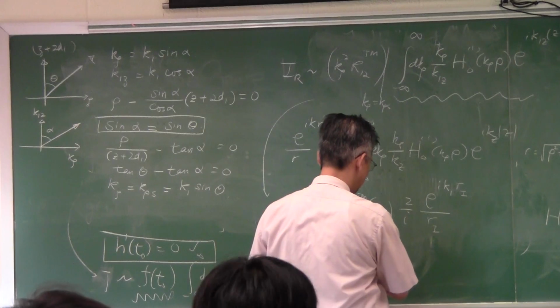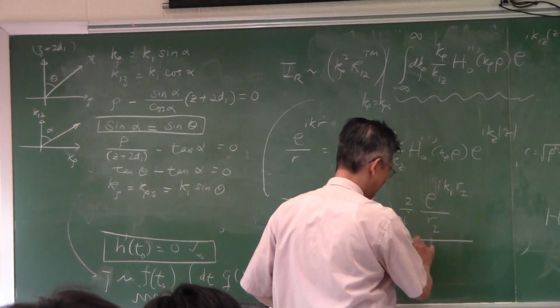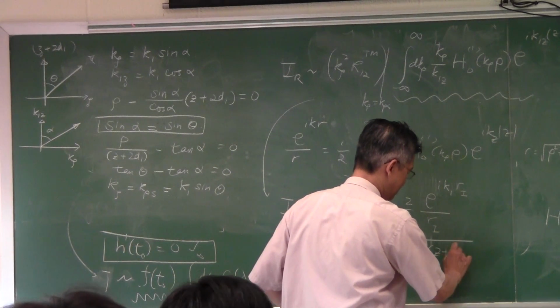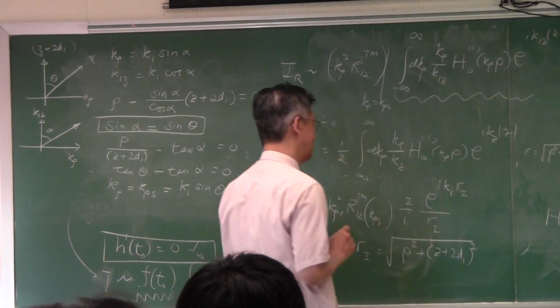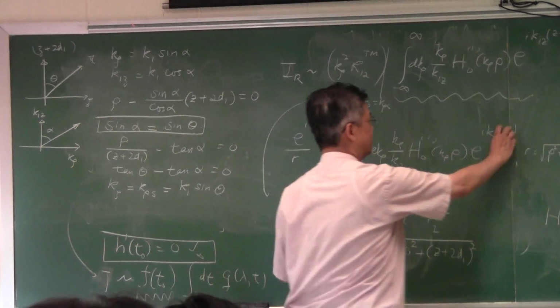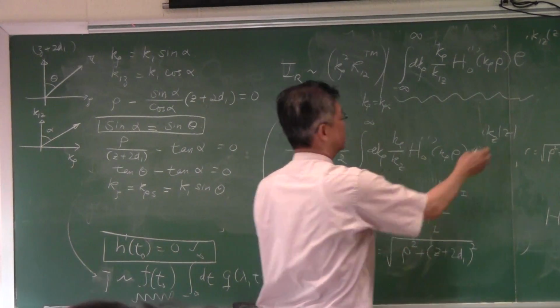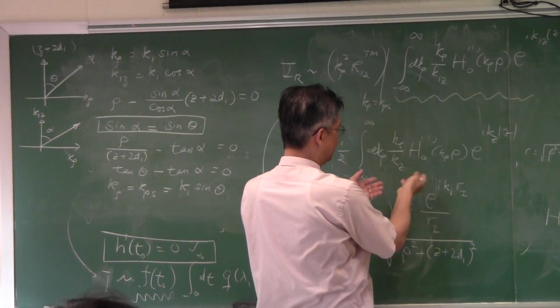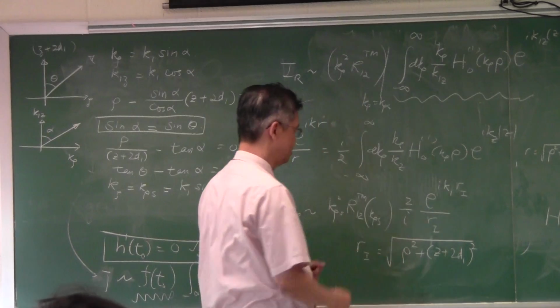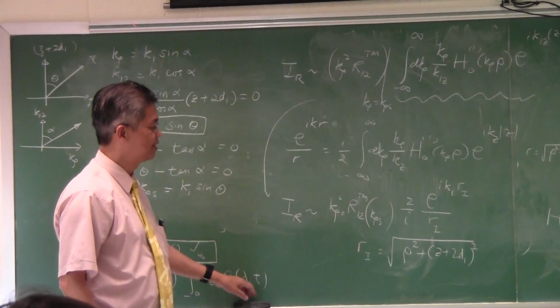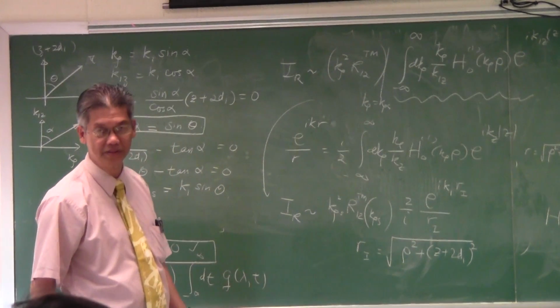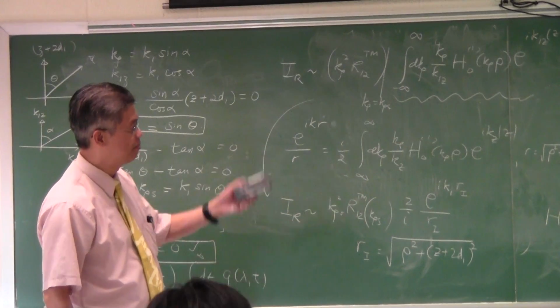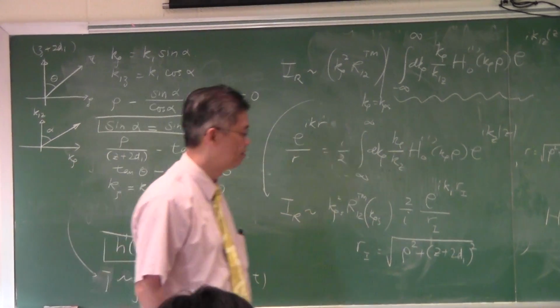Ri should be the square root of rho squared plus (z plus 2d1) squared, right? Just identify this term with that. This is always positive, okay, we're in the upper half space. And then this should be rho, and this is my Ri. So this is the asymptotic approximation for that very complicated looking Sommerfeld integral.